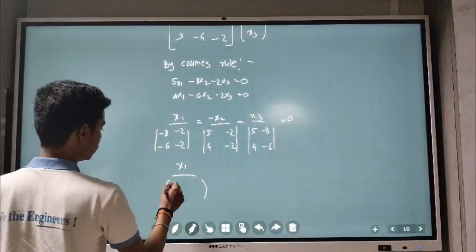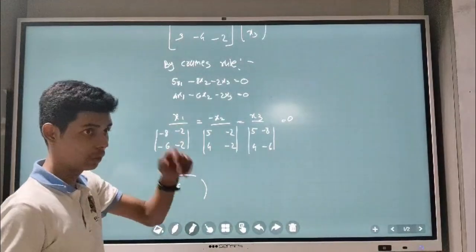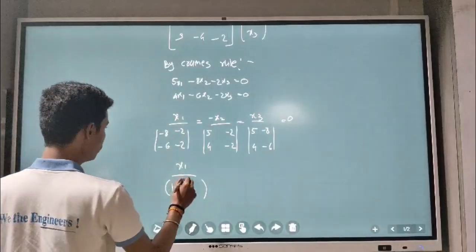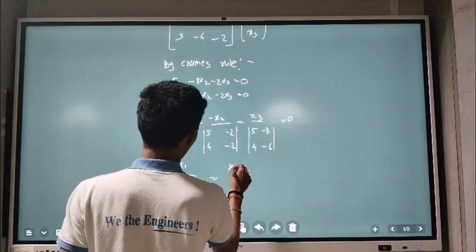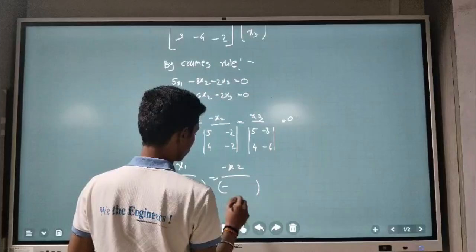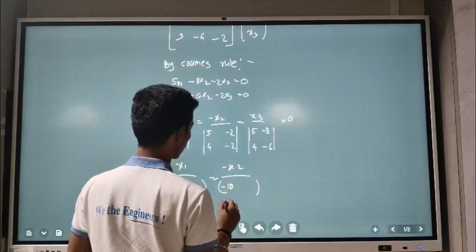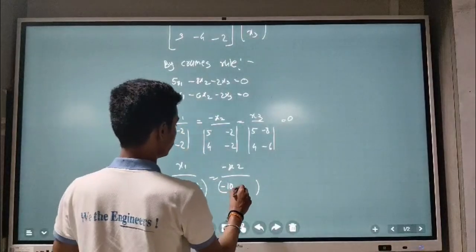8 times 2 is 16, minus minus plus 6 times 2 is 12, then x2: 5 times 2, then 4 times 2 is 8. The minus 8 will be plus 8.